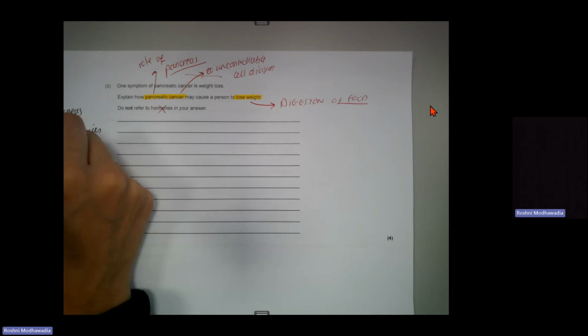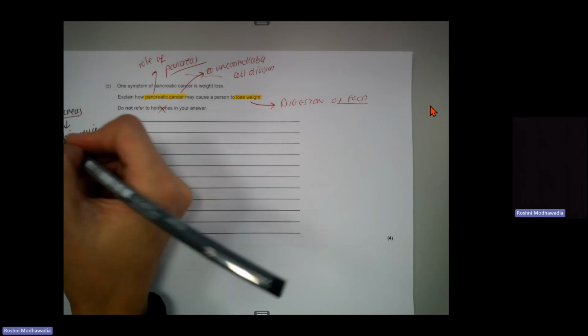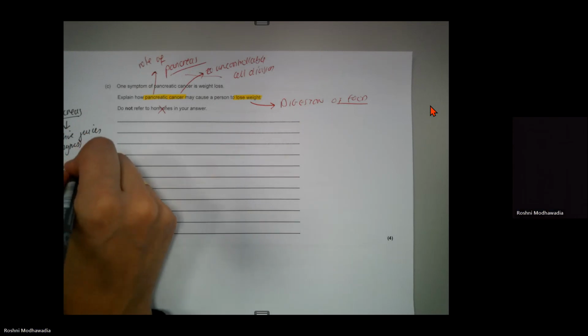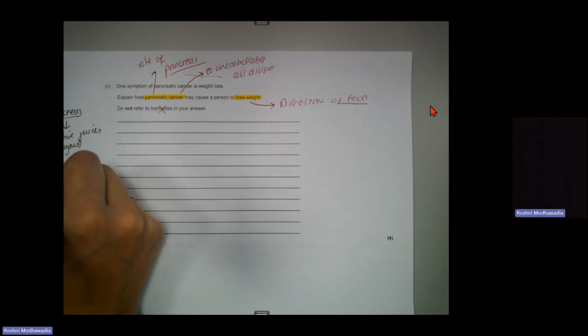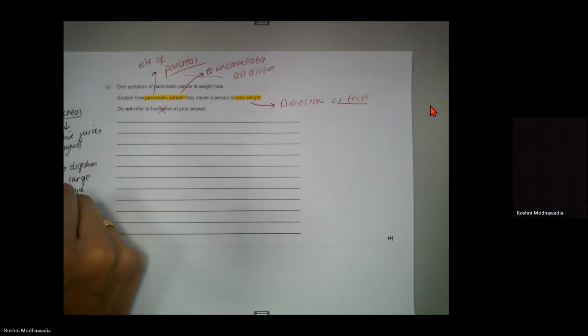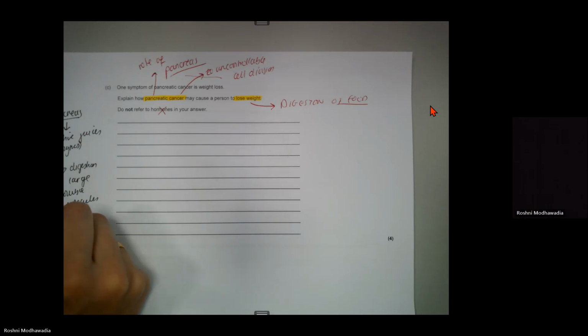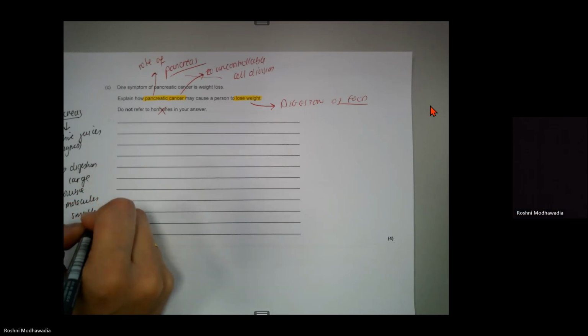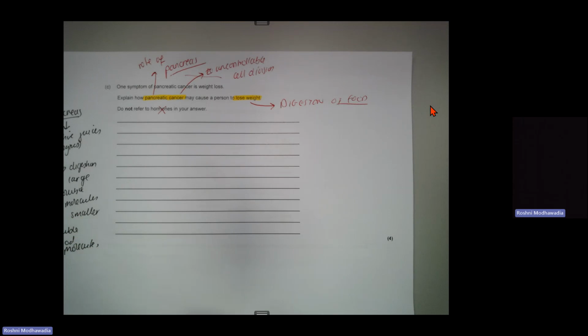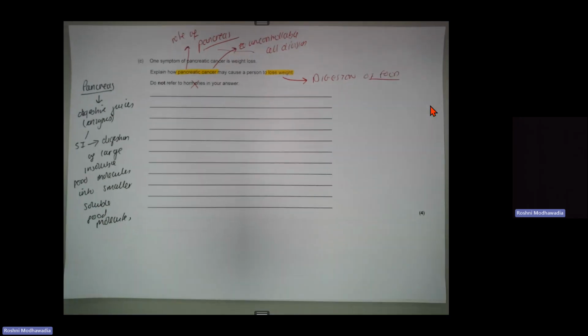These digestive juices contain the enzymes, and then in the small intestine, these participate in the digestion of the large insoluble food molecules into smaller soluble food molecules that can then diffuse into the small intestine.